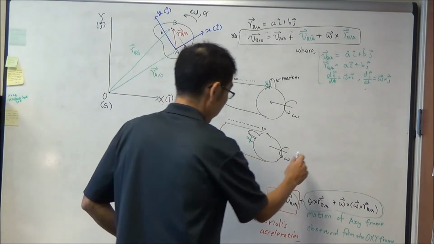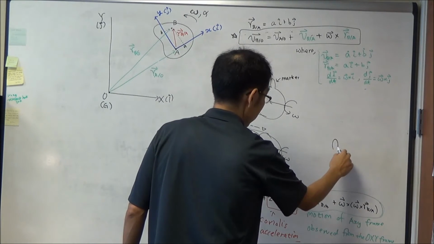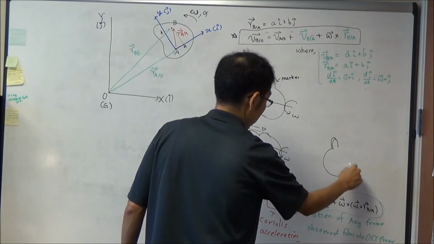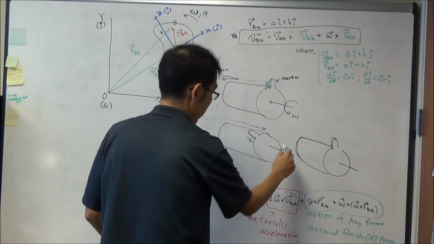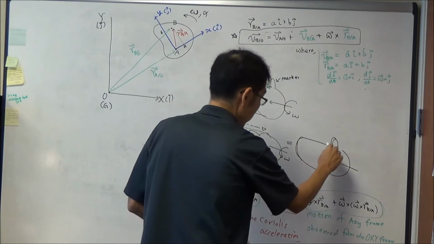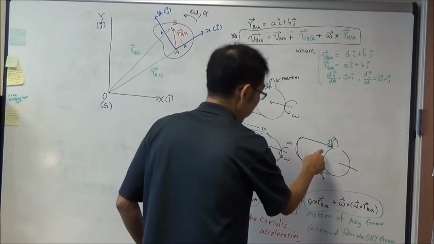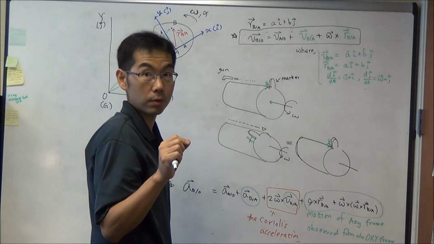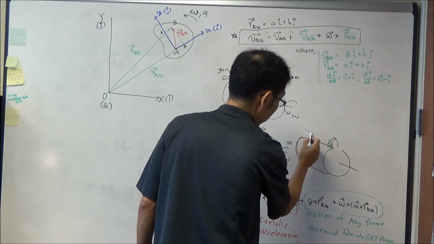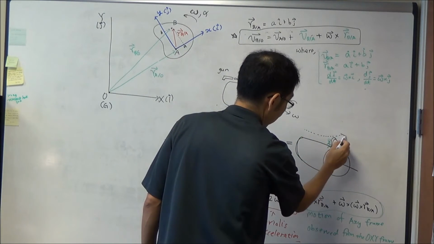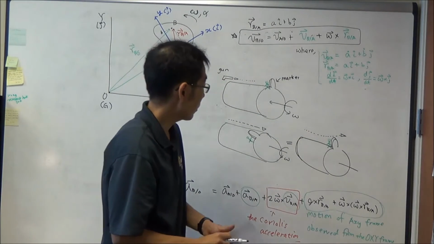So if I draw exactly the same thing, this is the cylinder, but you're standing there. If you just observe the bullet motion from your position, the bullet looks like it deviated, isn't it?